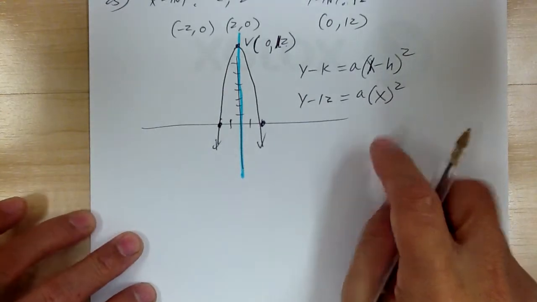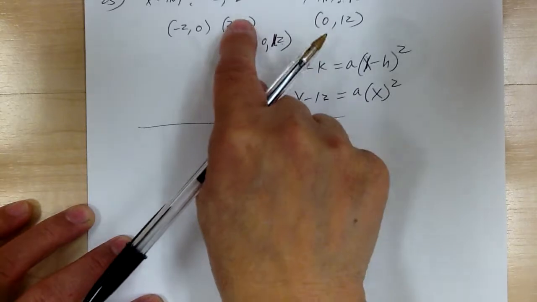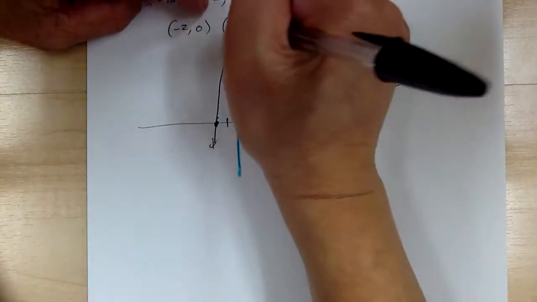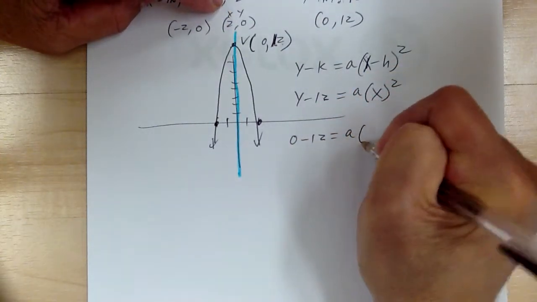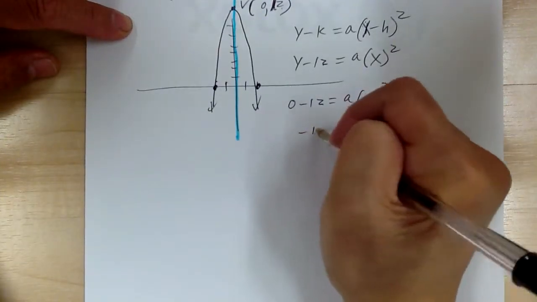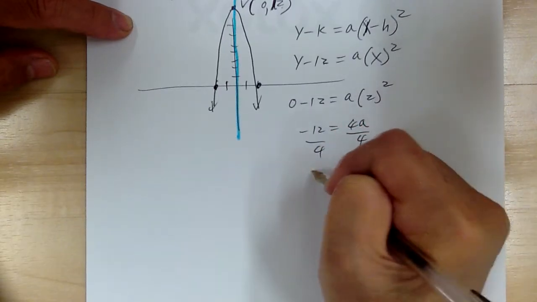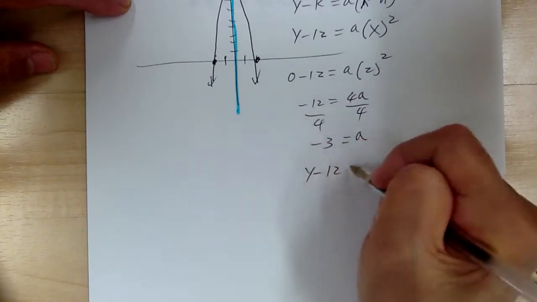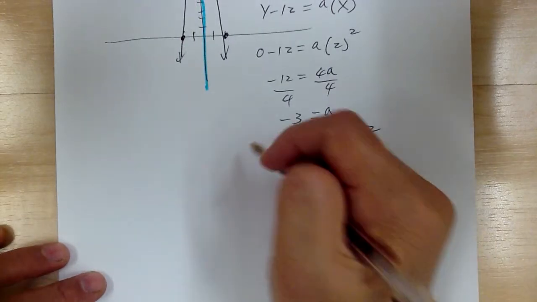Now you can use this point to find a. So you get 0 minus 12 equals a times 2 squared. So you got -12 equals 4a, divided by 4, you get a equals -3. Then you put it in here. So you got y minus 12 equals -3 x squared. And that would be your equation.